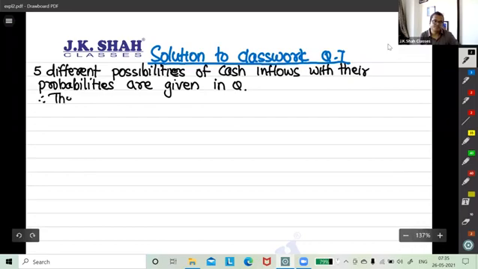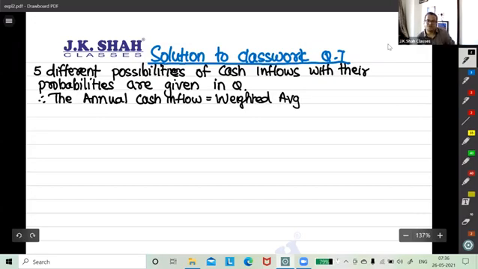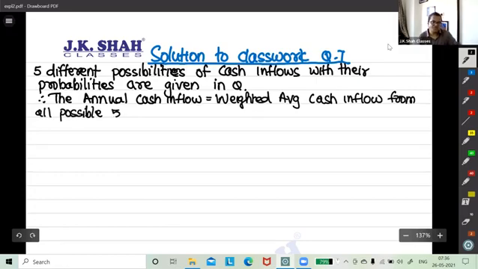Therefore, the annual cash inflow is equal to the weighted average cash inflow from all possible five situations.